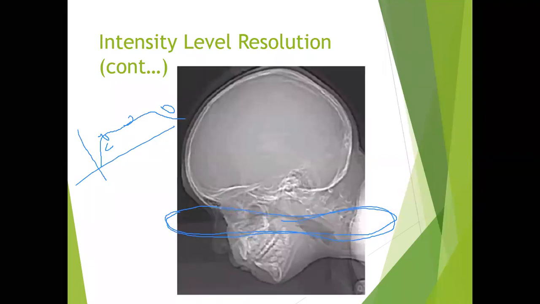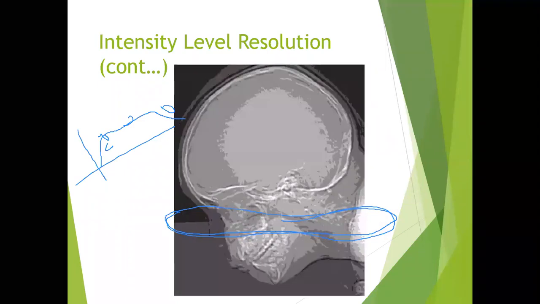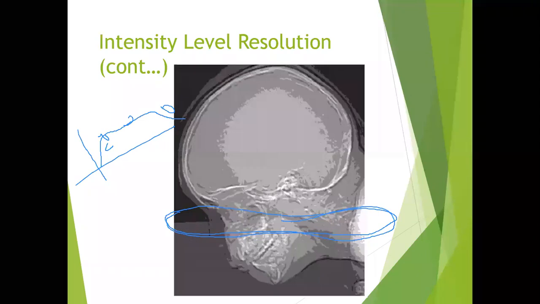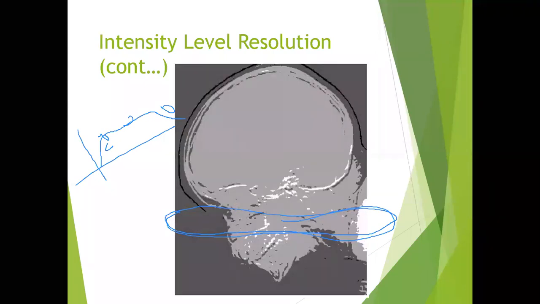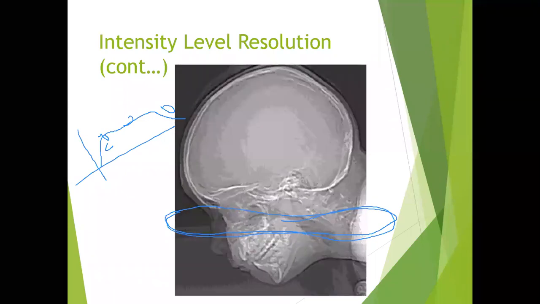So now I am showing different intensity levels. Depending on the intensity levels, you can see in the picture there is a shaded part inside the skull, but that is not there in the next intensity level. See the difference between this and this. Certain parts here have three different shades: one shade, second shade, and third shade.